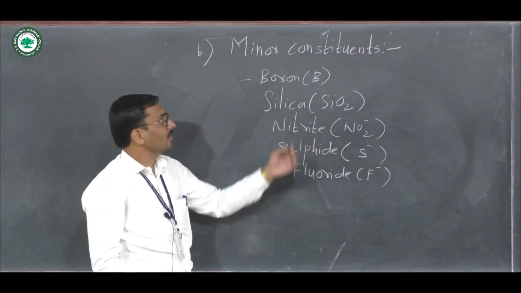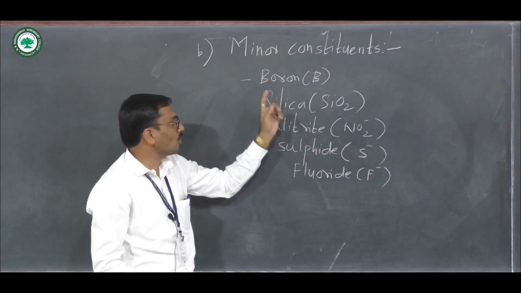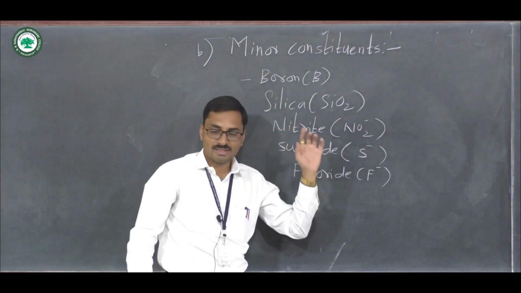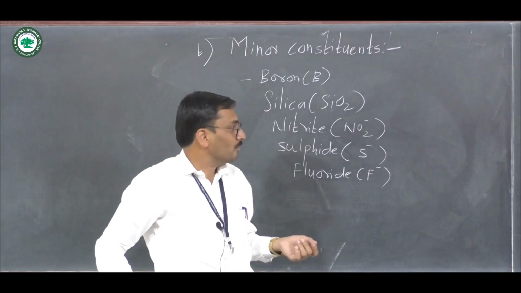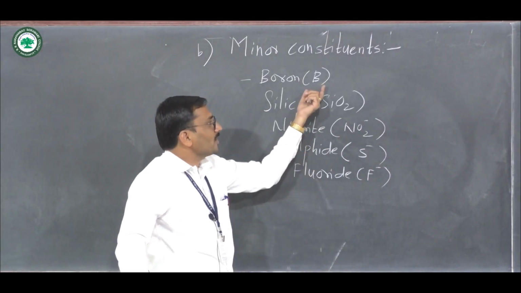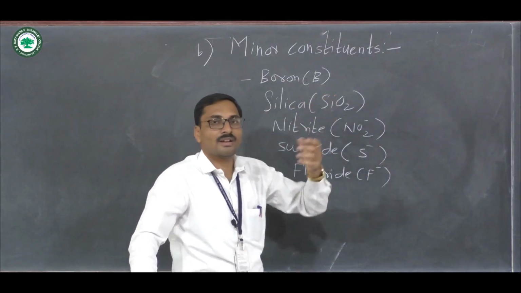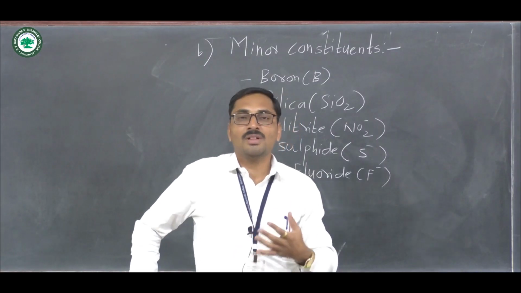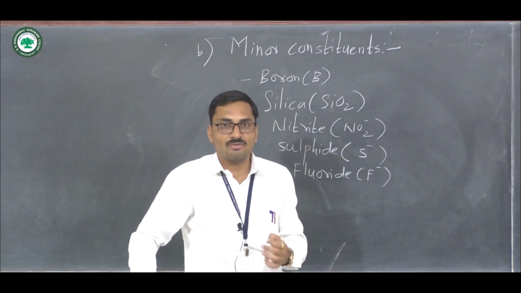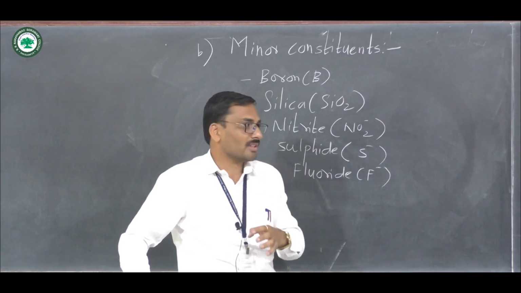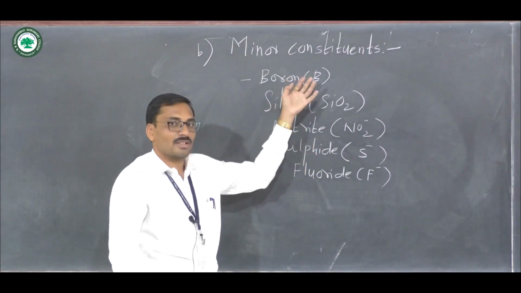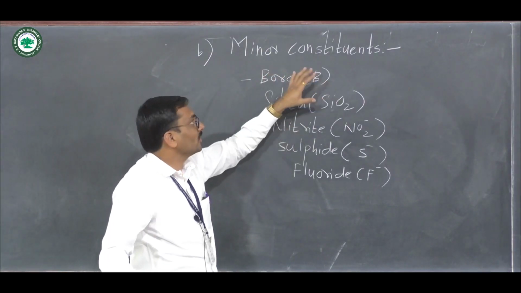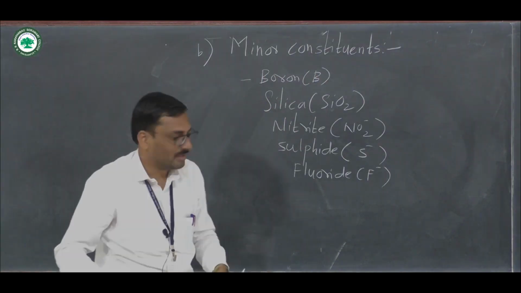So minor constituents include boron, silica, nitrite, sulfide, and fluoride. These constituents may be present in single form, in salt form, or sometimes in complex form. Their concentration is very low in the irrigation water, therefore they belong to the minor constituents.